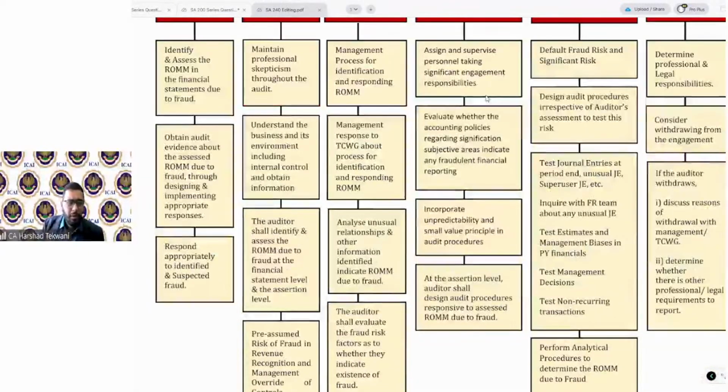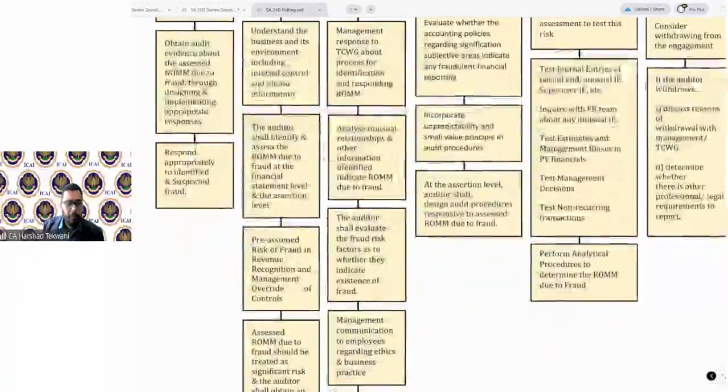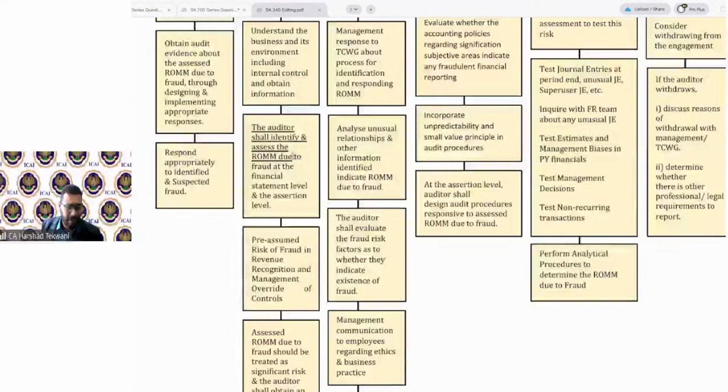So the auditor shall identify the risk of misstatement due to fraud and error at the assertion level.